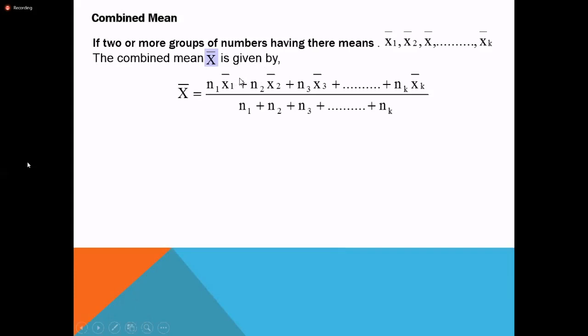Many groups are given, k groups. We calculate the mean values of each group separately, multiply each mean by the number of values in that group, and take the grand total. This is taken as the upper expression in this fraction, divided by the total of the frequencies. This is the grand mean.